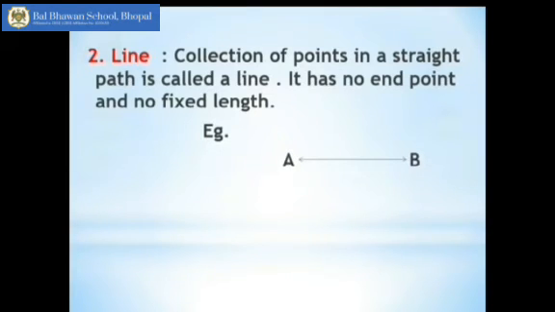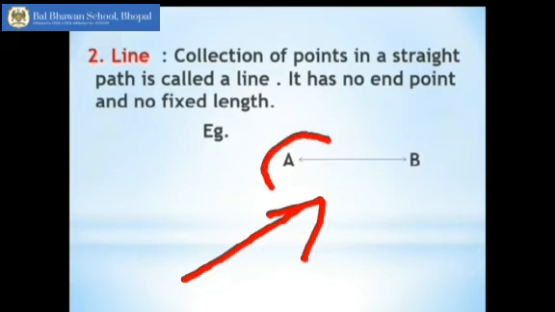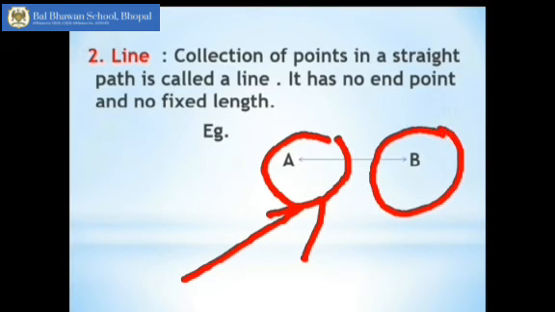Here is an example of a line. Children, the arrow on each side of a line indicates that it can be extended in both directions. And it has no end point and no fixed length.